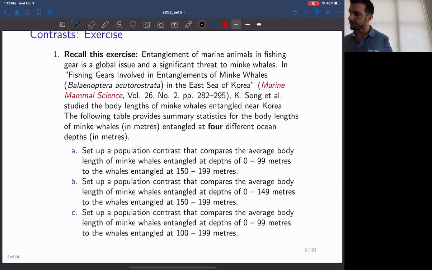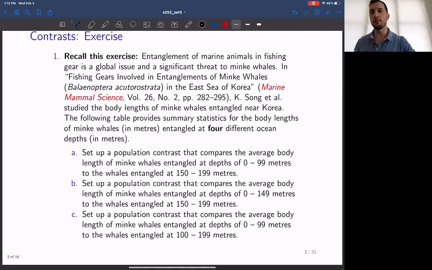All right, so let's look at some illustrations of what a contrast could look like. Let's use the minke whale data. The minke whale data had 4 different population means associated with it, 1 mean for each depth.